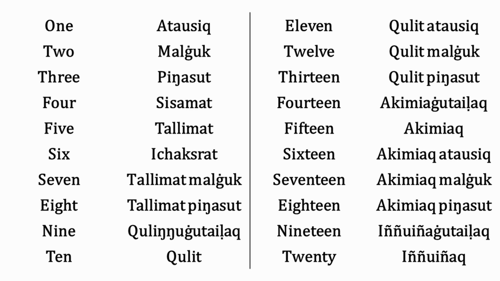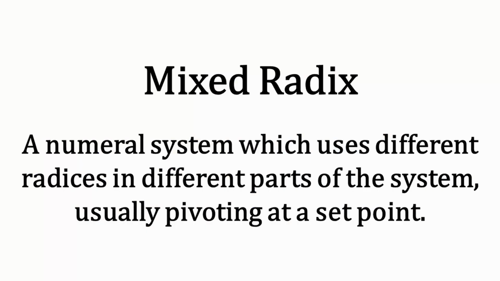Instead we see a regular base 5 system, where each multiple of 5 is derived from words referencing the fingers and toes, as may be expected from such a system. Since each base is used in different parts of the numeral system, they don't interfere with one another, so the language can be said to have a mixed radix.